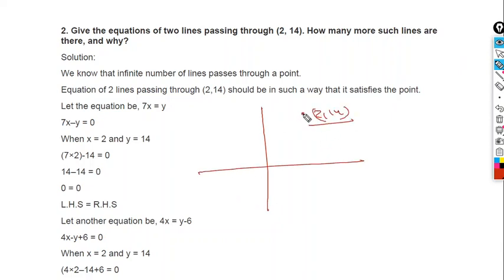Through this point we have already found two equations. So for this point there are two equations and we can find many such equations. Therefore, many such lines can be drawn through this point.